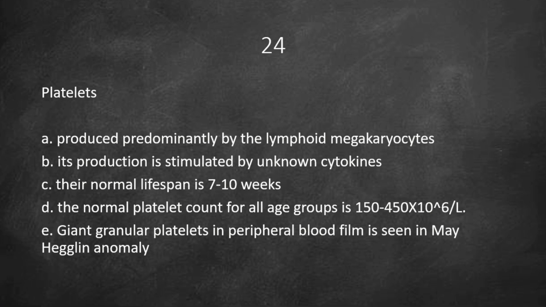Then E, giant granular platelets in peripheral blood film is seen in megaloblastic anemia. So the correct answer here is E.